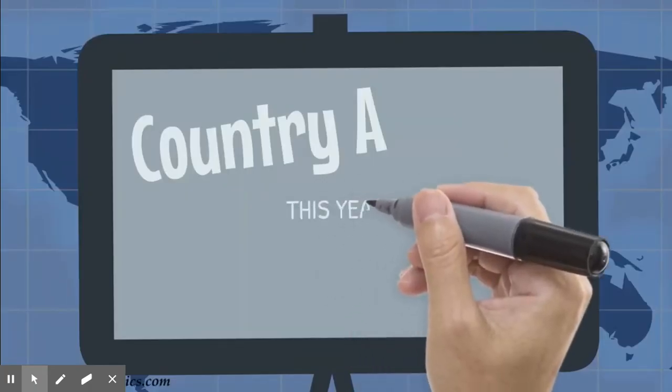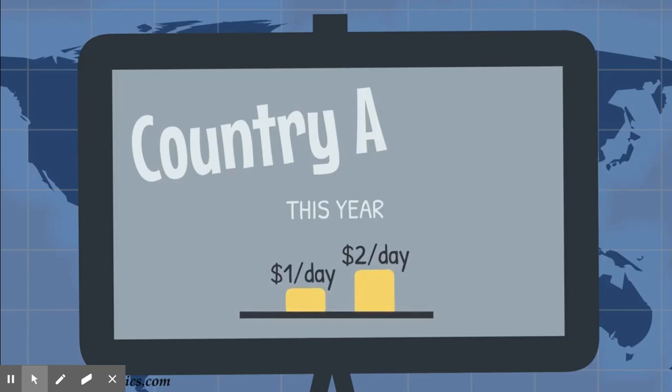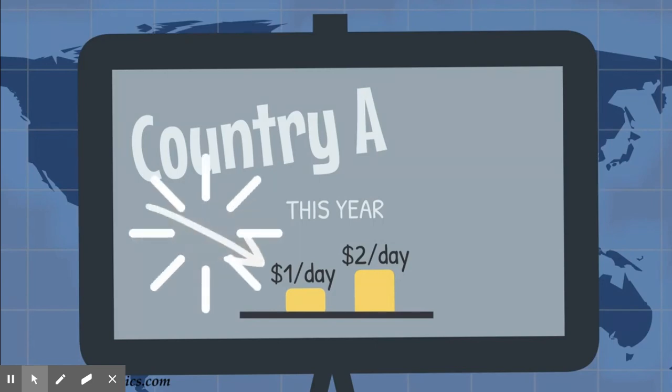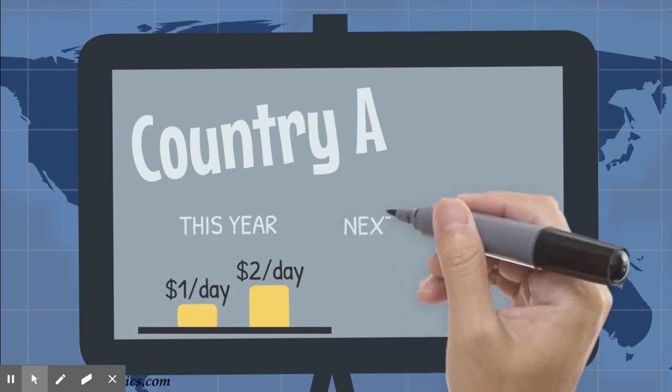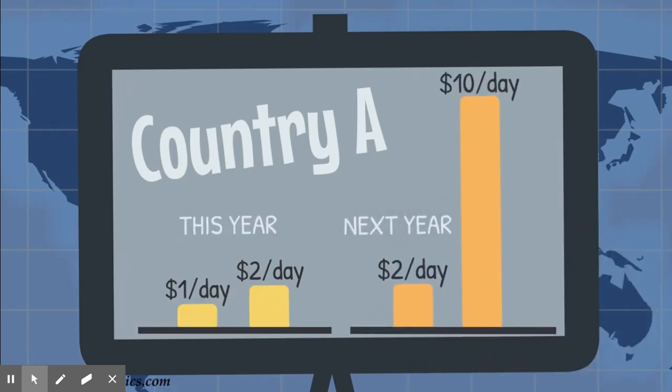As an ultra-simplified example, we'll assume country A has 100,000 citizens, with 50,000 earning $1 per day and the other 50,000 earning $2 daily. In other words, 50% of country A's citizens live below the World Bank's poverty limit. What if next year something positive happens and the $1 per day citizens earn $2, whereas the $2 per day ones earn $10?